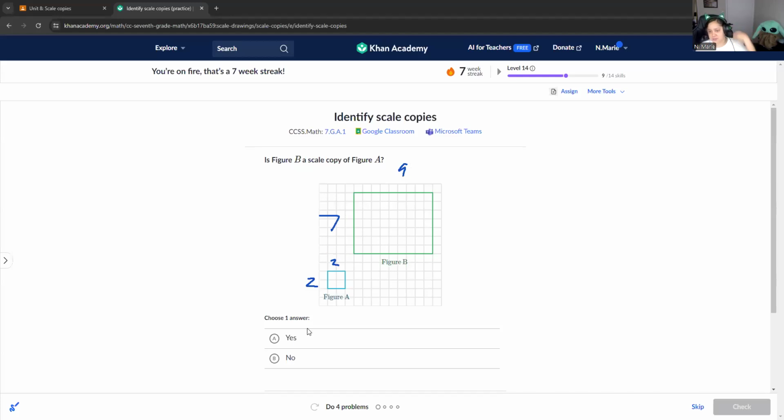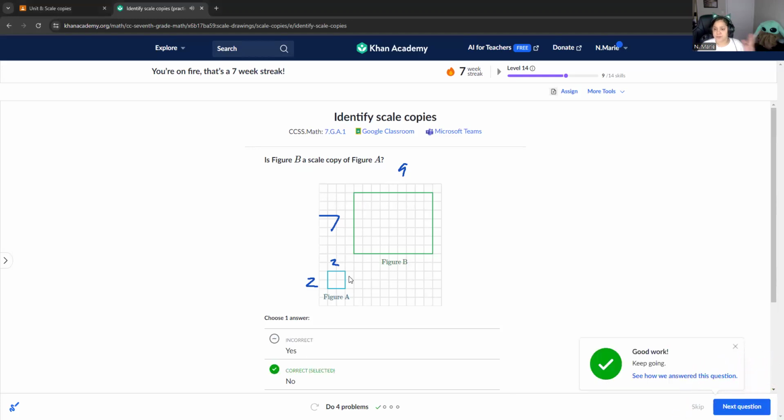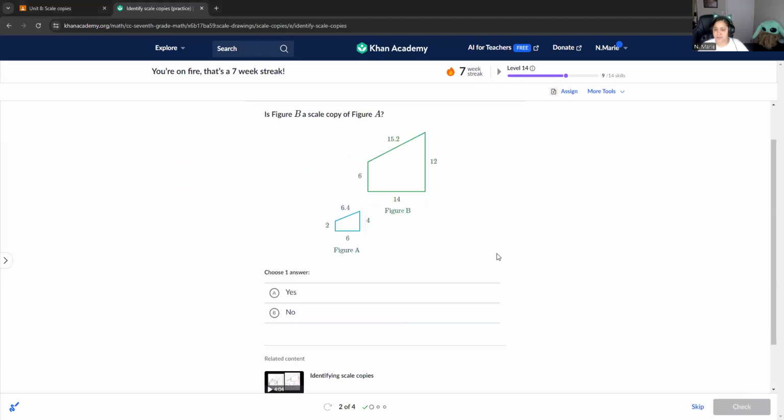If that's 7, that should be 7 because these are 2, 2. So when we multiply by our scale factor, we should multiply both by the same scale factor. So 2 times what is going to get us 7? That same number should get us 7 again. It shouldn't get us 9. That's not correct. So that's how you know it's not a scaled copy.